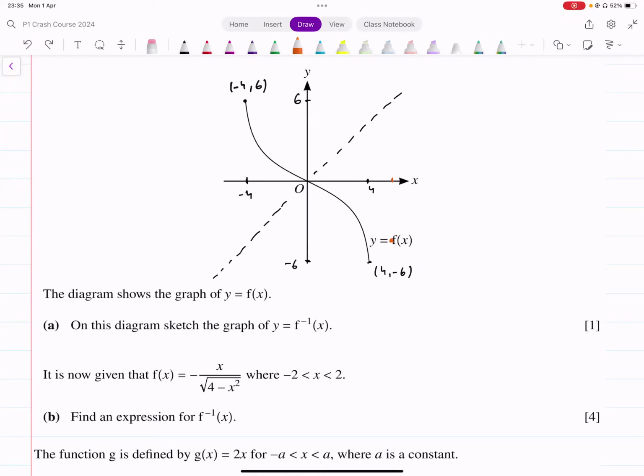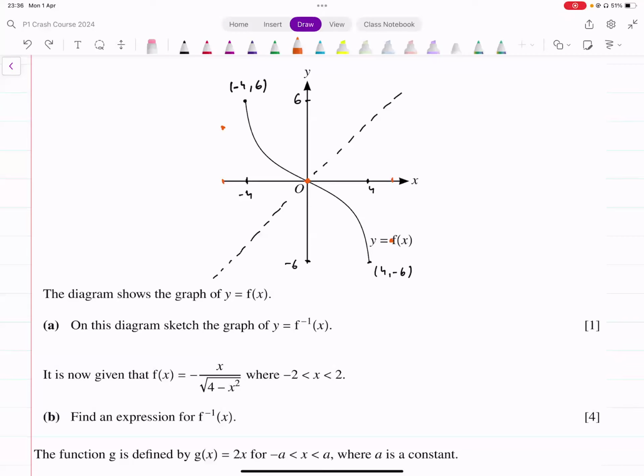This point goes to -6, 4. So maybe -6 is there, and then 4 is maybe here. So this point may be somewhere around here. And then you have the origin. The graph is going to pass through the origin because this is 0, 0, and 0, 0 reversed is still 0, 0.